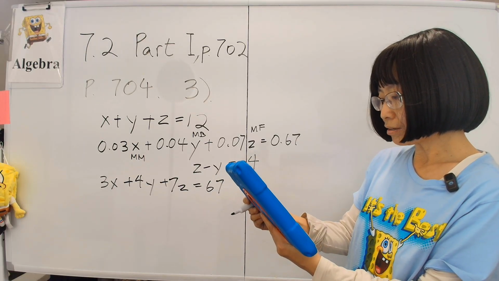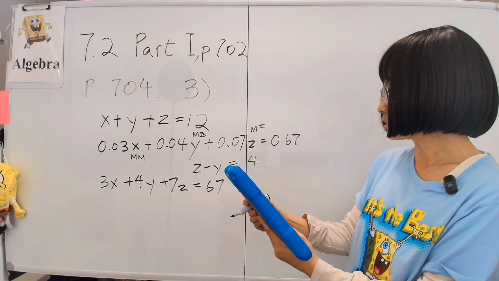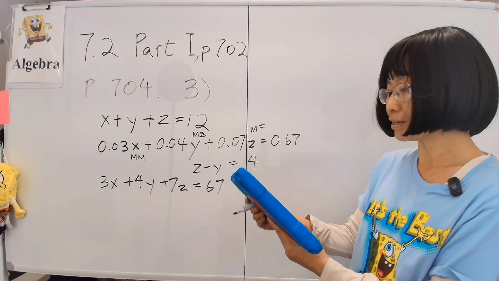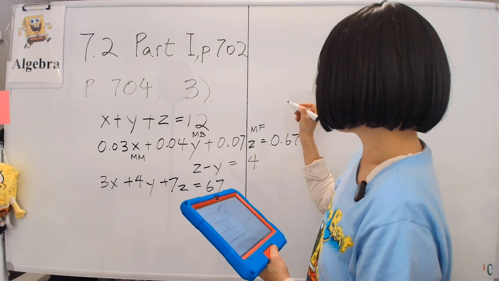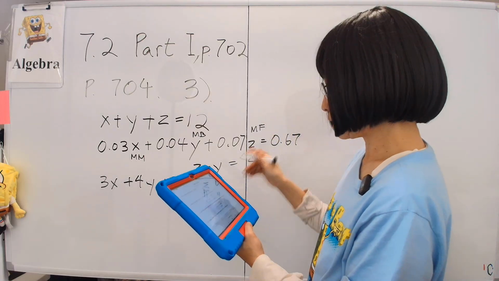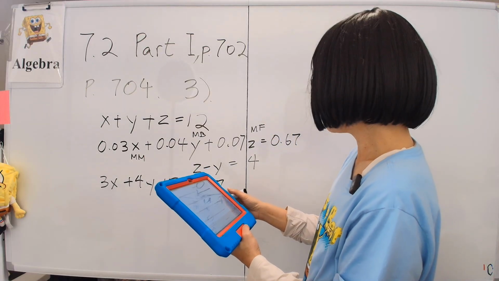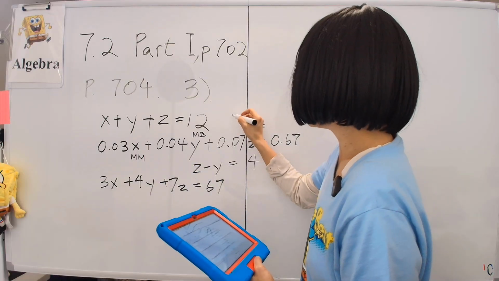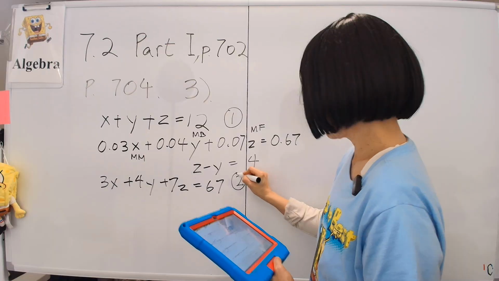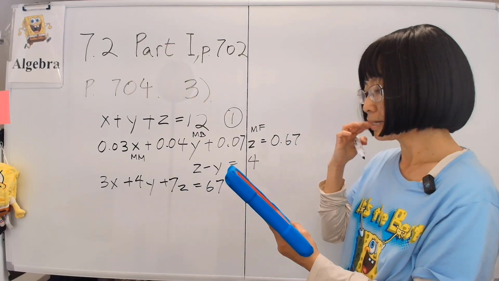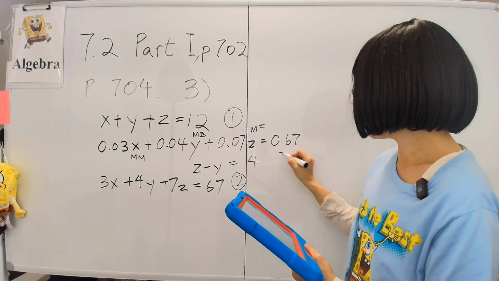The next step at the bottom of the page is to multiply equation 1 by -3 and add it to equation 2. So this is equation 1, this is equation 2, and this thing will be equation 3.